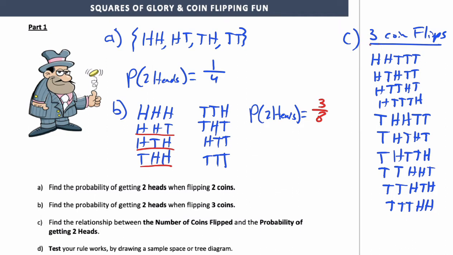Sorry, I've actually done 5 coin flips, so I've skipped over 4. Anyway, the probability is going to be 10 over 2 to the power of 5, which is 32.